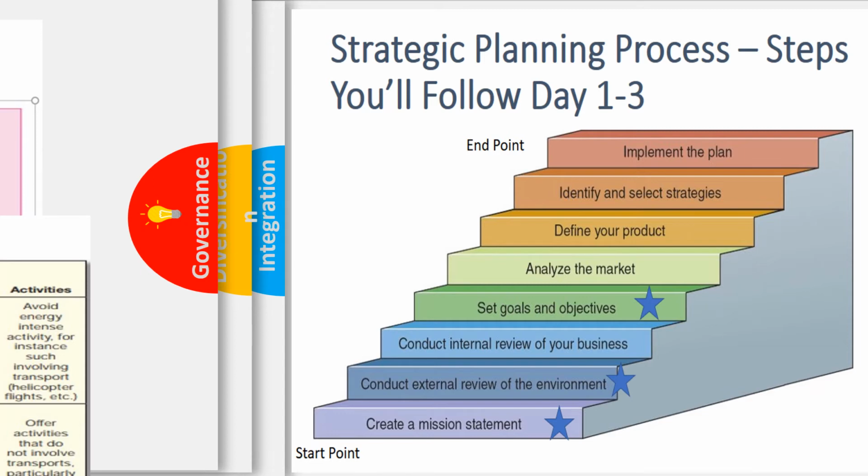Analyze the marketplace, and within here you would do your marketing strategy. Your marketing strategy would include your segmentation, targeting and positioning strategies, and then the implementation of the plan in terms of the marketing mix. You could look at the basic marketing mix in terms of the product, price, place and promotion, or you could review the extended marketing mix: the product, price, place, promotion, the people, the process and the physical evidence.